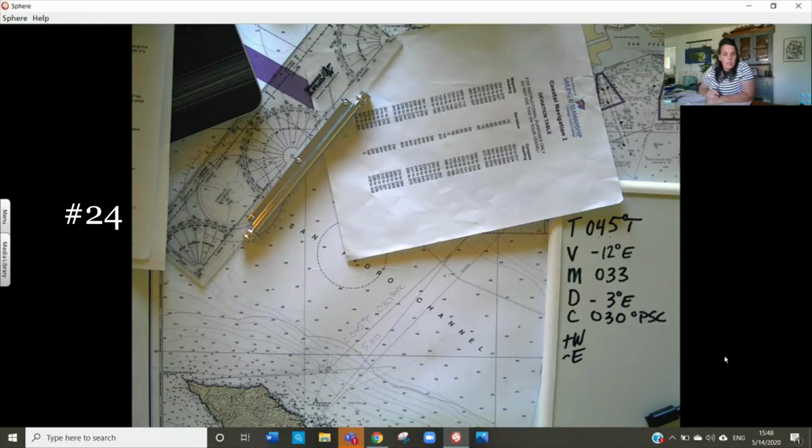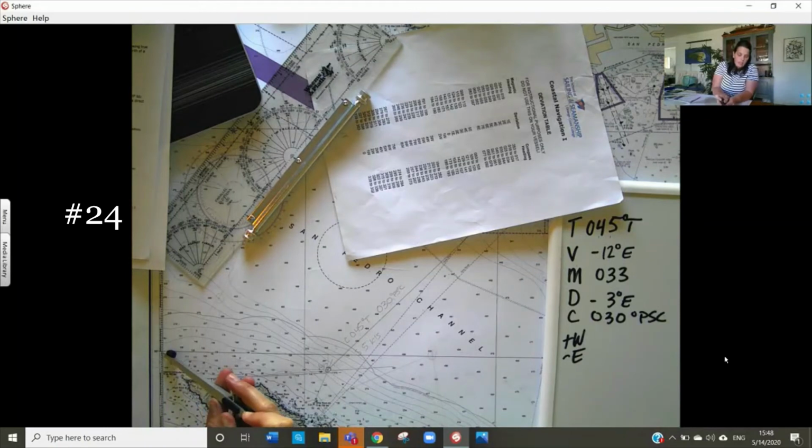So now it asks me, what is the distance of this leg? Again, this is a long leg, so I'll need to walk my dividers.